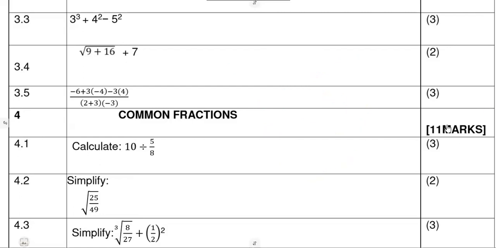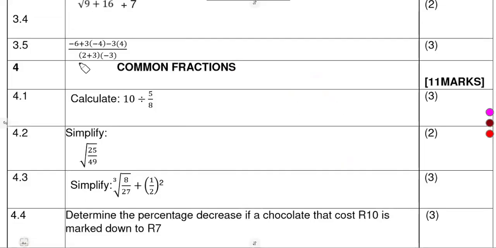All right. Another part that we are given was this negative 6. So we can even simplify, guys. That is negative 6 plus. There's a bracket here, so multiply. So it is going to be negative 6, 3 times negative 4. That is negative 12.